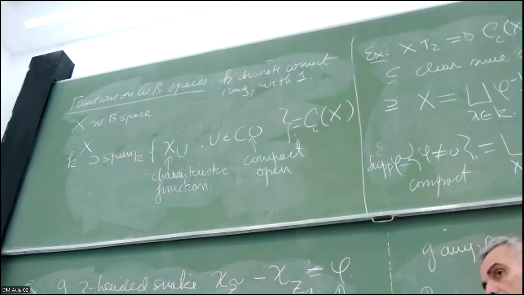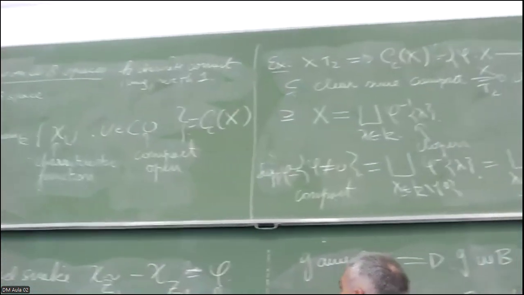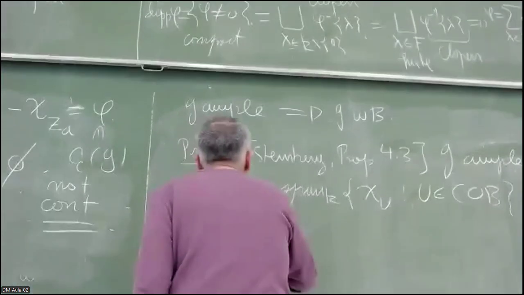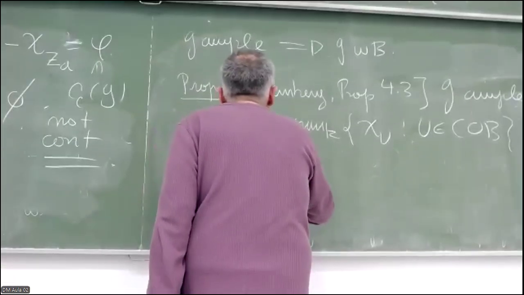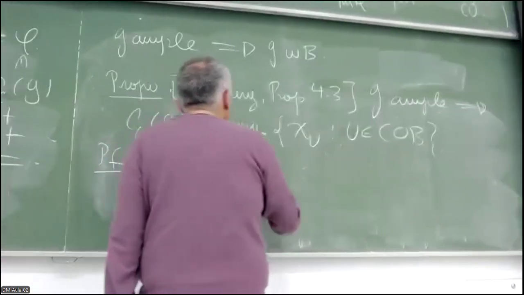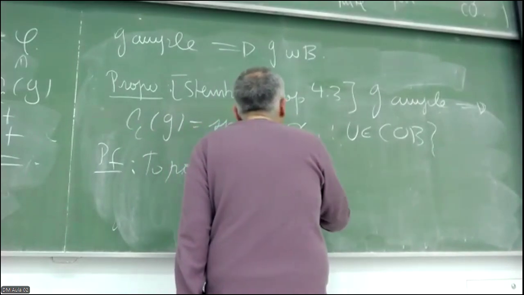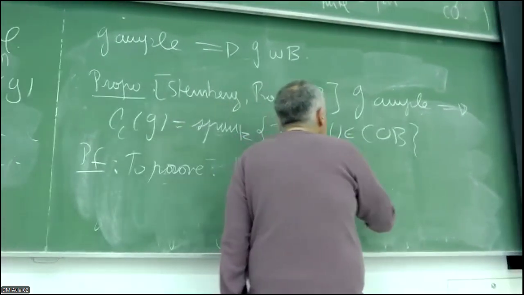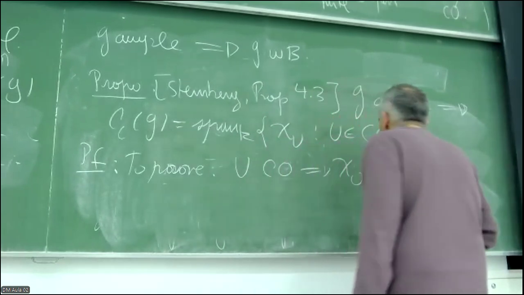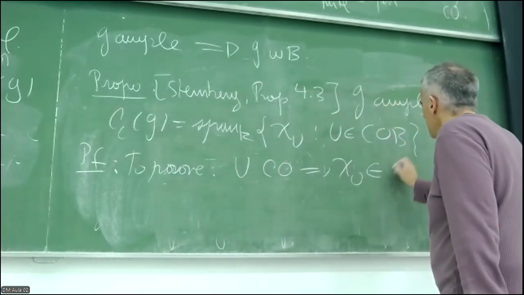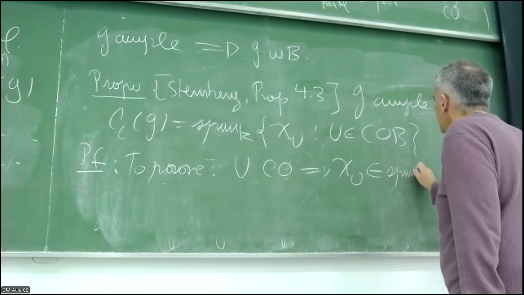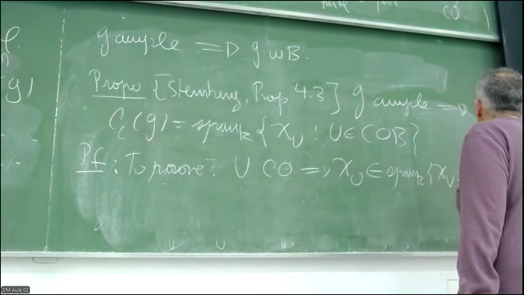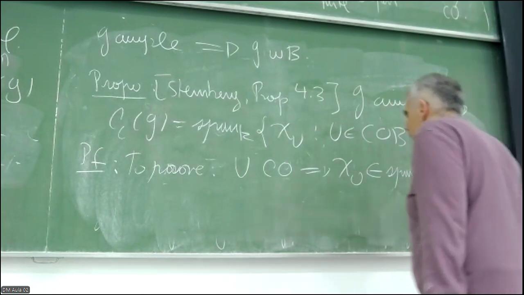Okay. So what we have to prove is that if U is compact open, then the characteristic function of U is in the span of the characteristic functions of compact open bisections.